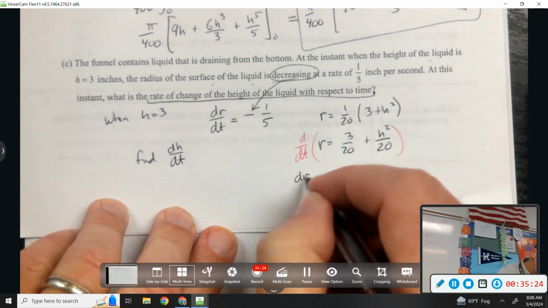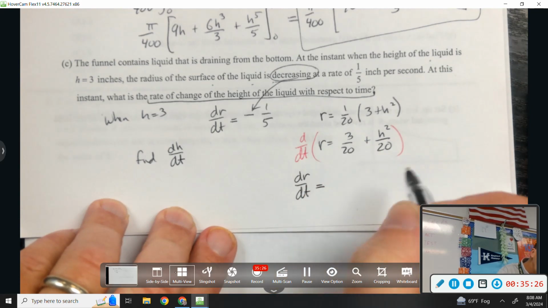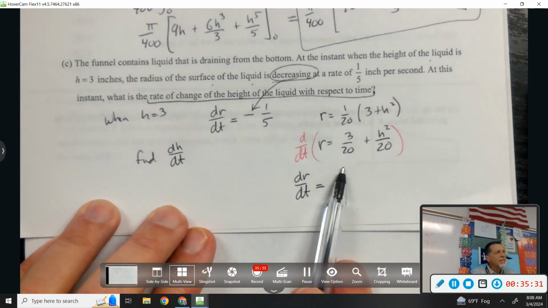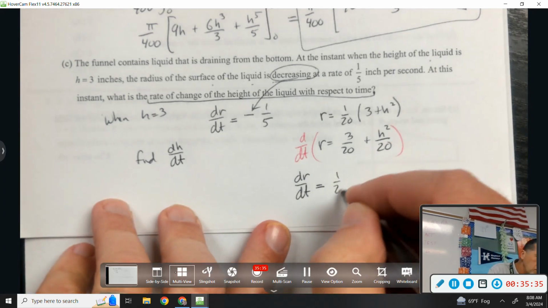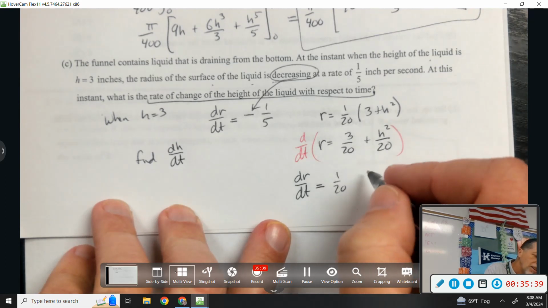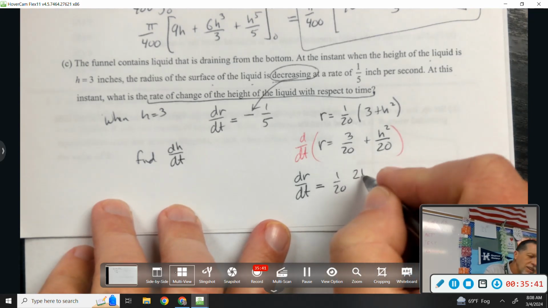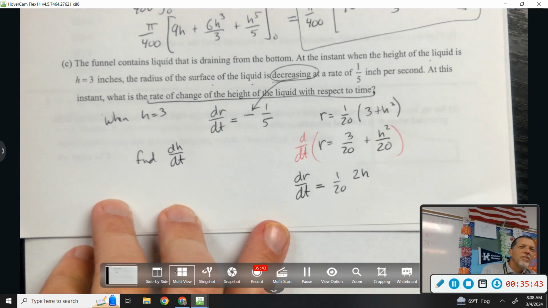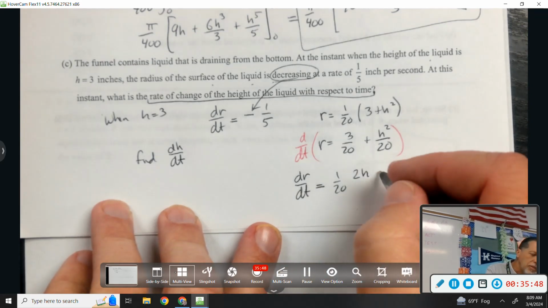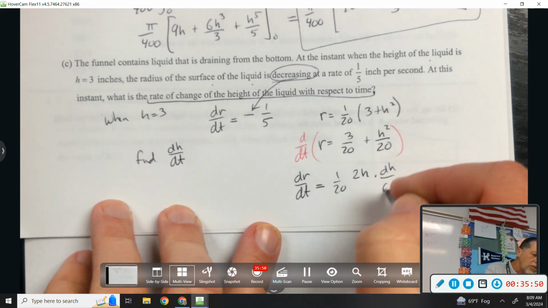That means dr dt is equal to, what's the derivative of 3/20ths? 0. Put the 1/20th out front for h squared. What's the derivative of h squared? Sort of. dh dt, because I'm doing it with respect to t. So 2h dh dt.